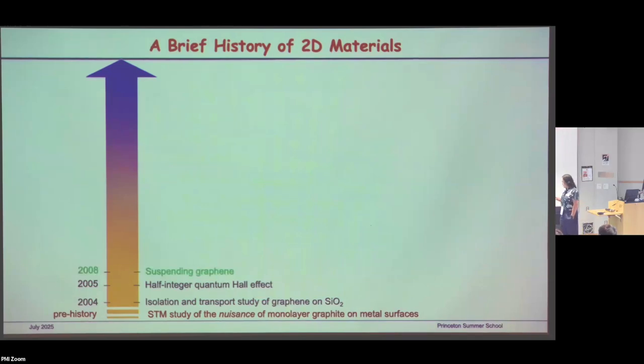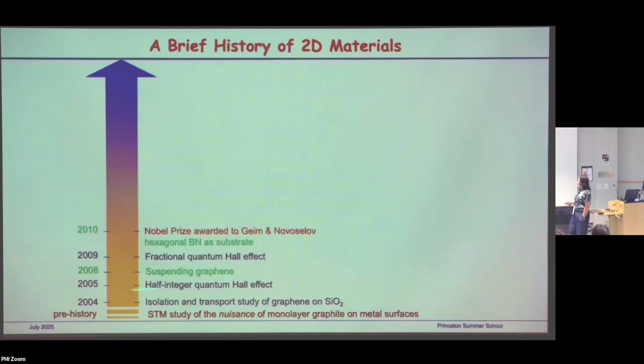So in 2008, people were able to suspend graphene and study its electrical, mechanical, and optical properties. In 2009, the fractional quantum Hall effect was first observed in graphene, and in 2010, the Nobel Prize was awarded to Geim and Novoselov for their work on graphene.